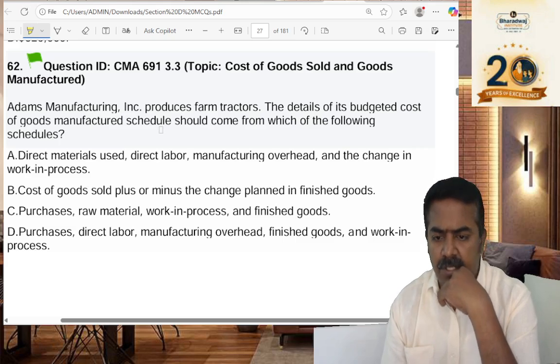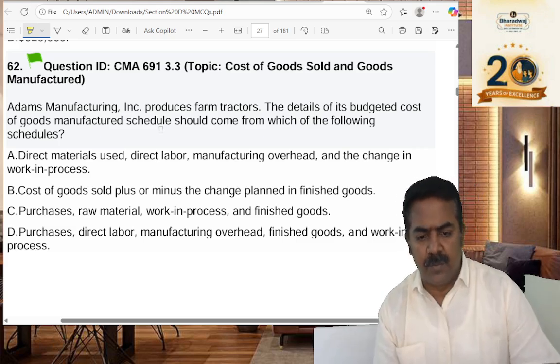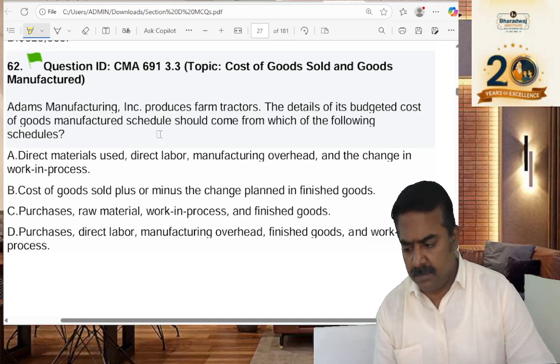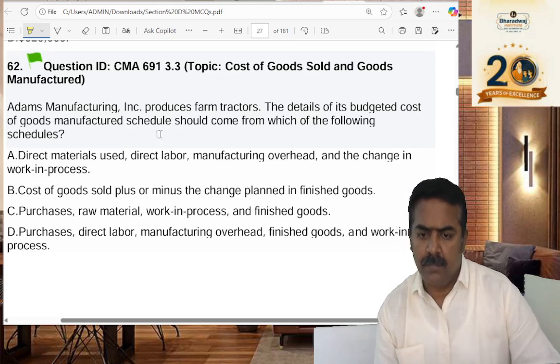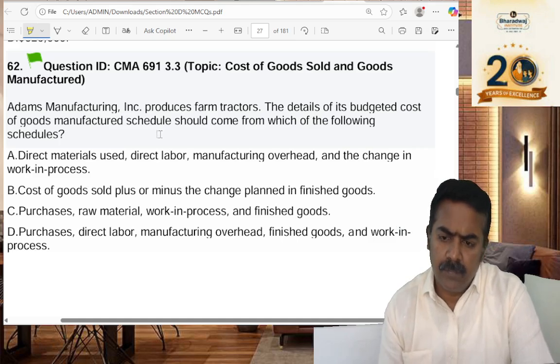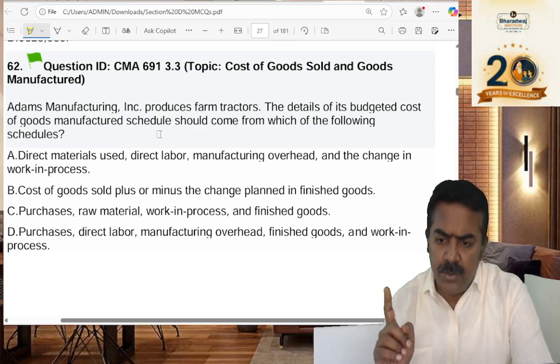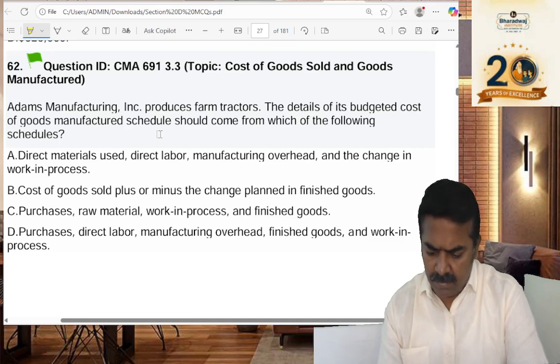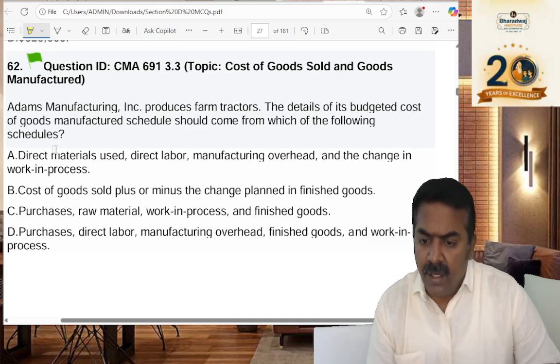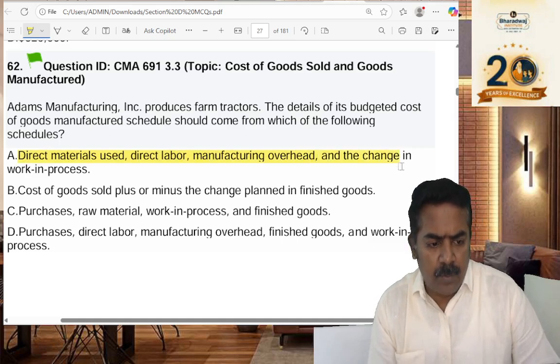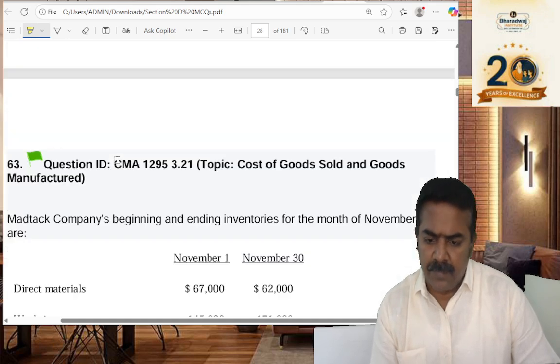Details of its budgeted cost of goods manufactured schedule should come from which of the following? Cost of goods is direct material plus direct labor plus manufacturing overheads. Add opening WIP minus closing WIP. That is answer 62.